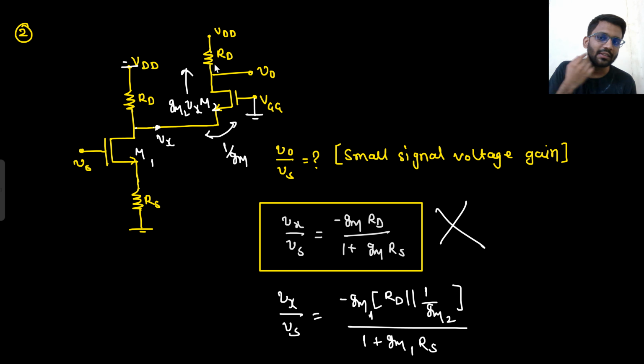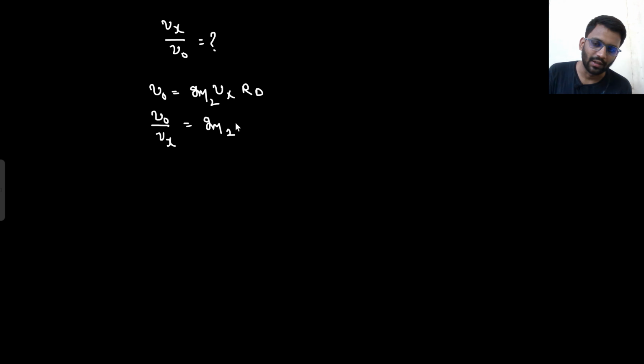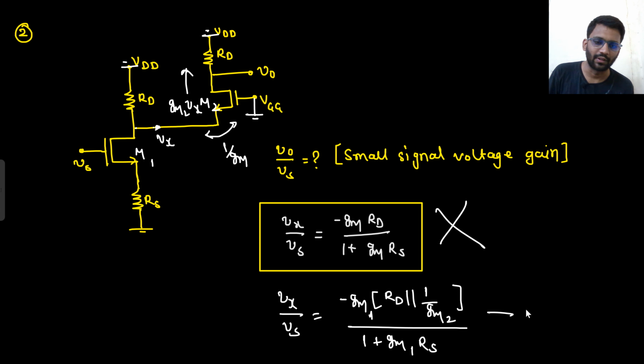So V0 would be Gm2 Vx into RD, because this will be grounded as well. So your V0 by Vx is Gm2 RD. This is your equation 2 and this was your equation 1.